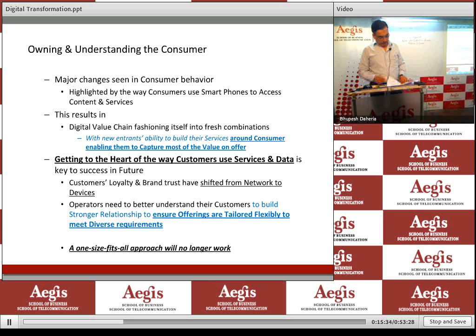So it also states that customer loyalty is shifting more from network to devices. You will talk more of Google instead of, let us say, which telecom service provider you are connected to. So it's very important that for each kind of segment, you need to find the right solution.